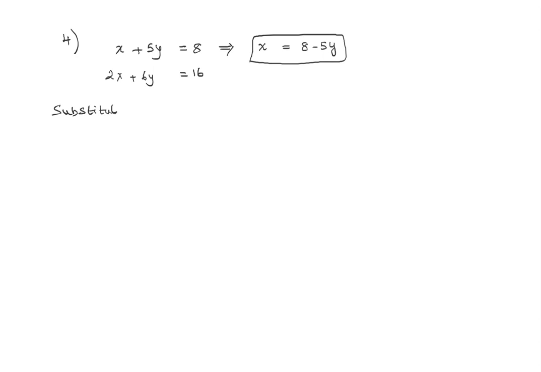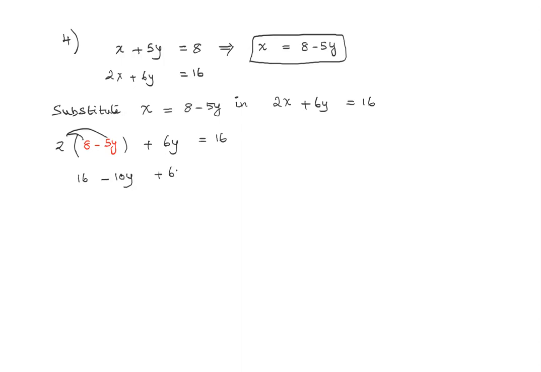We are going to substitute x equals 8 minus 5y in 2x plus 6y equals 16. So I'm going to replace this x by 8 minus 5y and distribute the 2. And combine the like terms now.